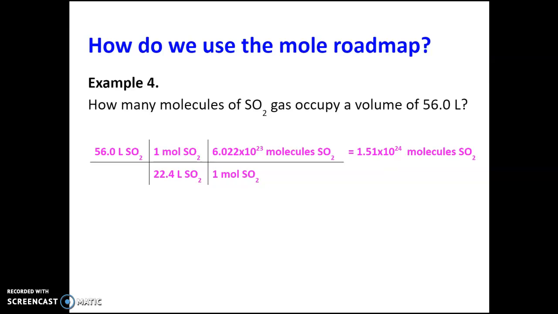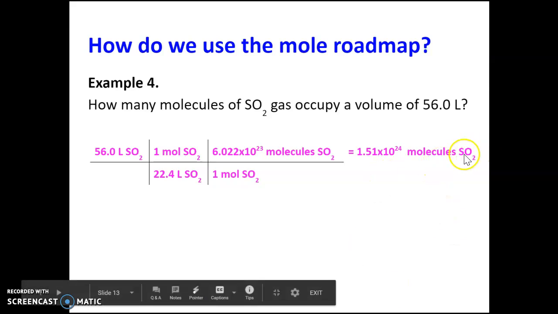Something that we're going to get into a little bit next week is this idea that if you wanted to go to atoms, you would have to do one more step. If you wanted to know how many atoms were in 56 liters of sulfur dioxide gas. Right now we have molecules, and if we look at this molecule, in one molecule there's 3 atoms.